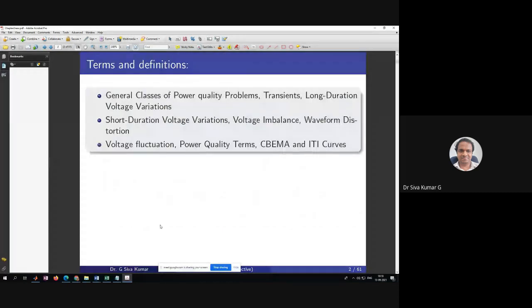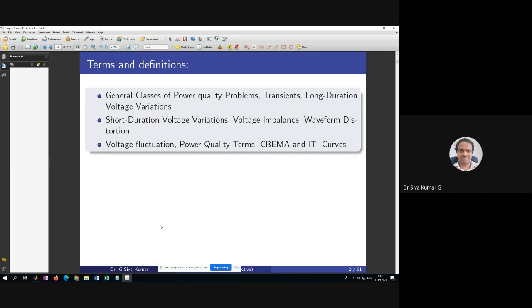In the last class, we discussed why we need definitions of the power quality issues. There are different vocabularies or terminologies for the different power quality issues based on the IEEE standard and the IEC standard.